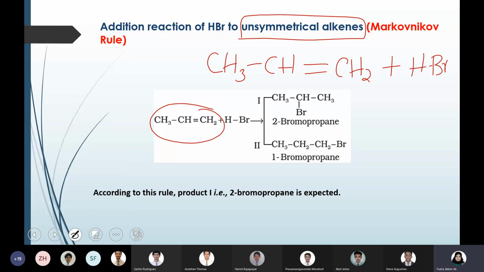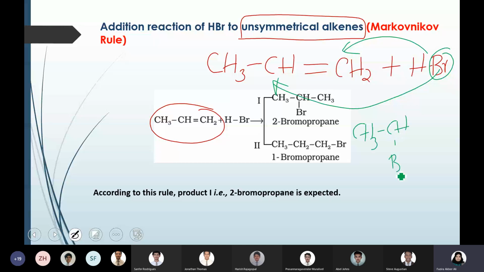And there are two possibilities there. One possibility is that Br is going here and hydrogen is going there. So you are getting the product as CH3, CHBr, CH3. Or if it is the other way, it will be CH3, CH2, CH2Br.